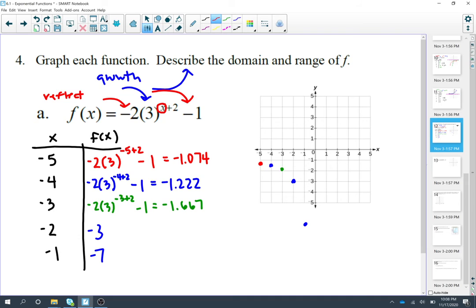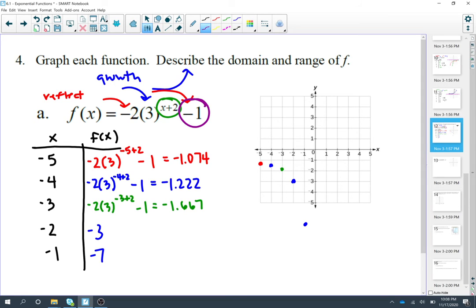But it still is kind of shifted left, right? Well, left how many? And this is where we start seeing these come into play. The first one I want to focus on is this -1 because that's the easier one to see. Where is the horizontal asymptote usually at? It's usually at 0, right here.